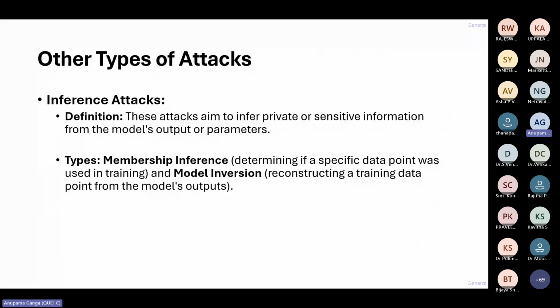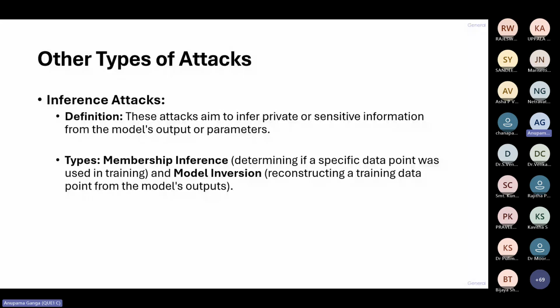So I think these inference attacks also we need to cover. One slide I moved quickly. So coming to inference attacks, these attacks aim to infer private or sensitive information from the model's output.